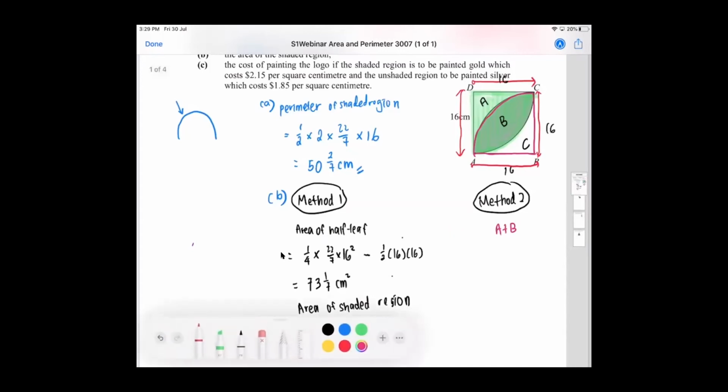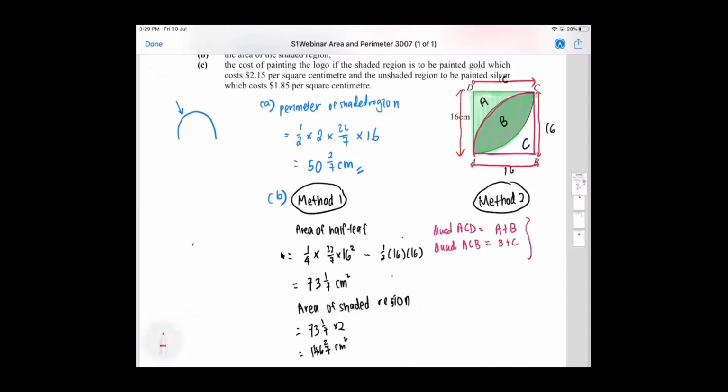Quadrant ACD is actually A plus B. I have another quadrant, say ACB or ABC, it's B plus C. So when I add these two together, I will have one extra layer of B, because A plus B plus B plus C.